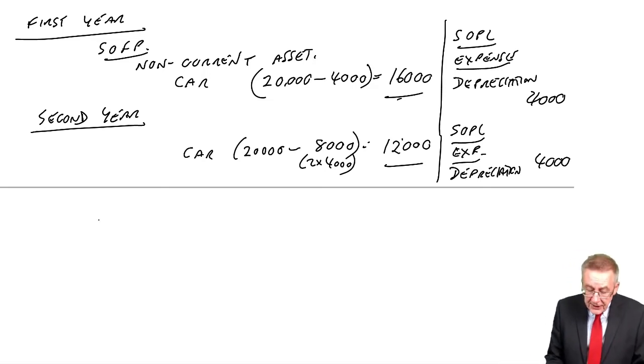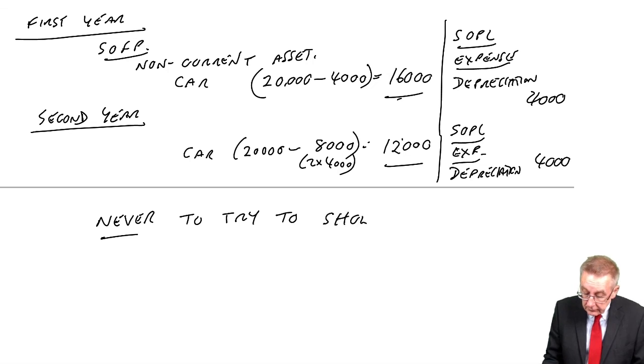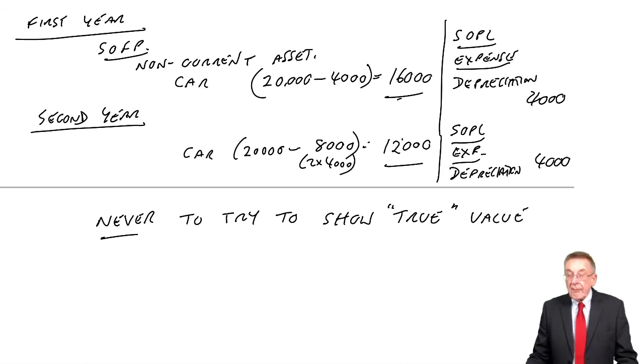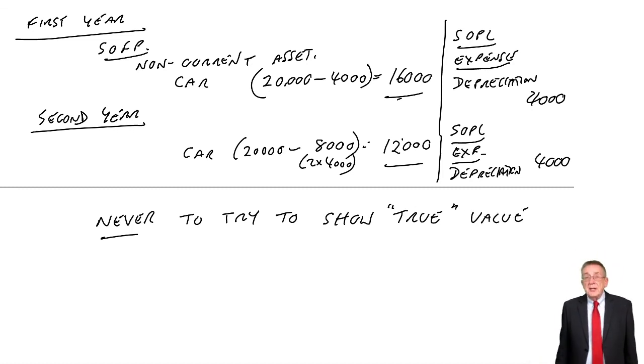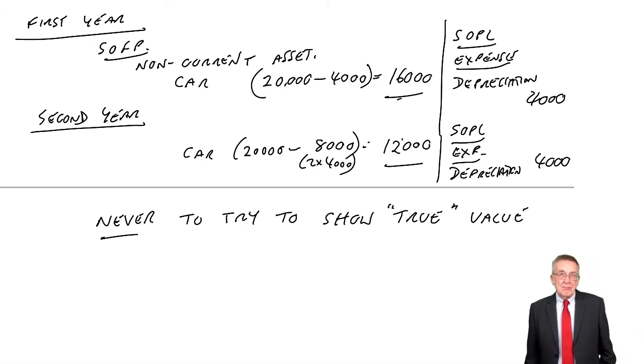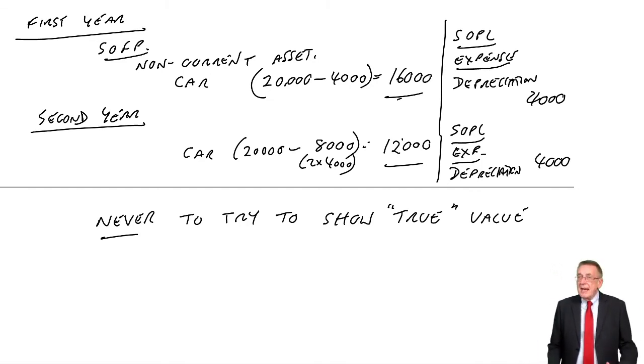The reason it's never to try and show a true value. That's not why we do it. The reason is this. Listen carefully, it won't take me a second. Well, it will, but not very long.